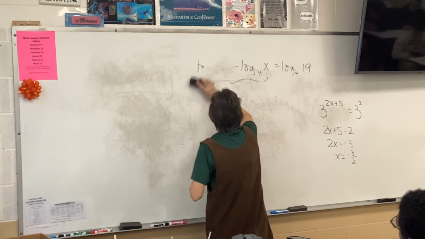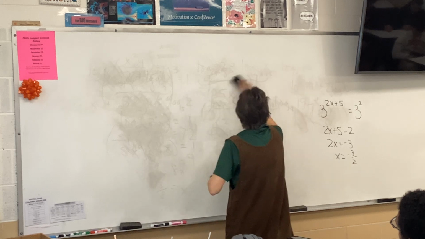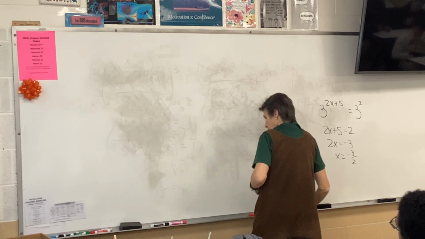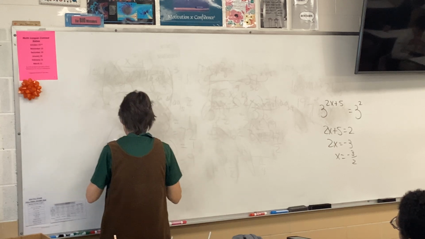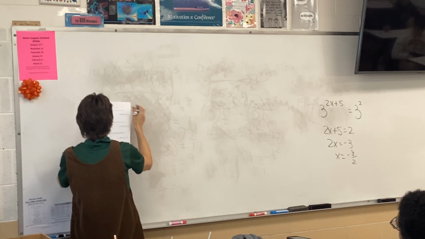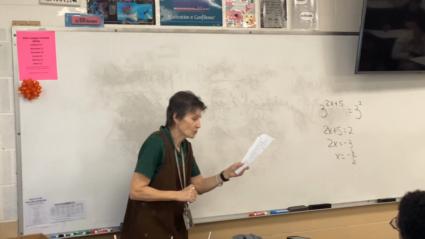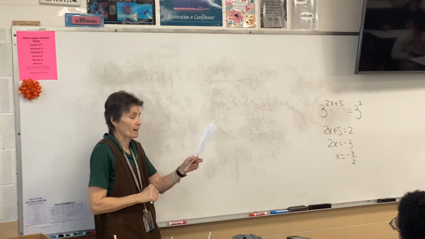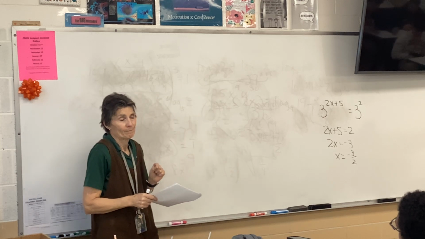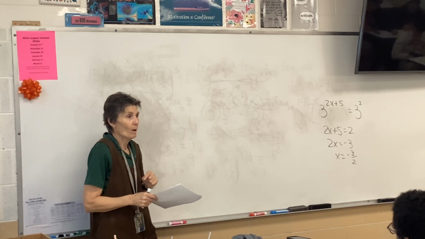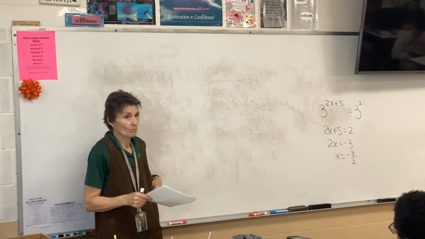Number 3. Alright, let's do number 3 on the homework. We need our calculators, get your calculators out. We definitely need those. So read the question and decide which formula I need. Do I need PERT or the other one?